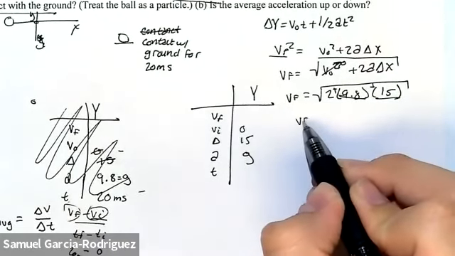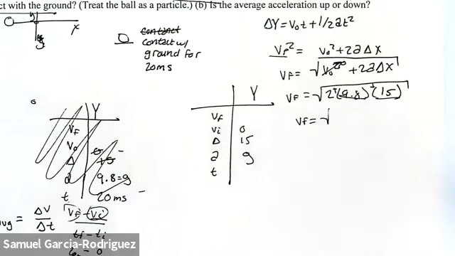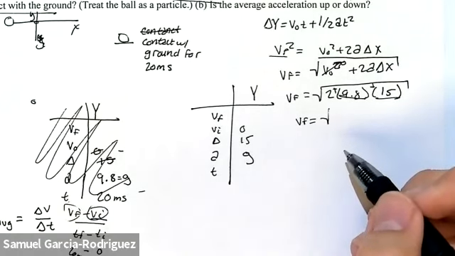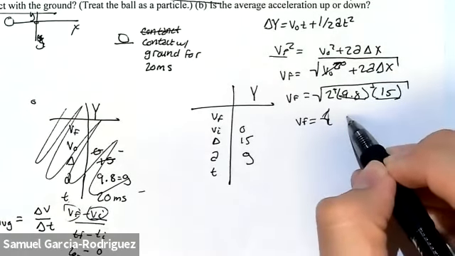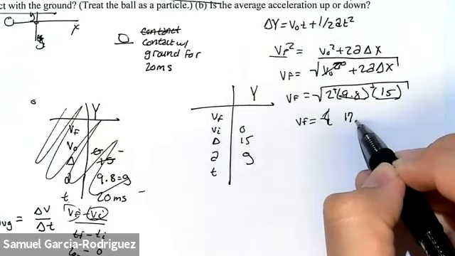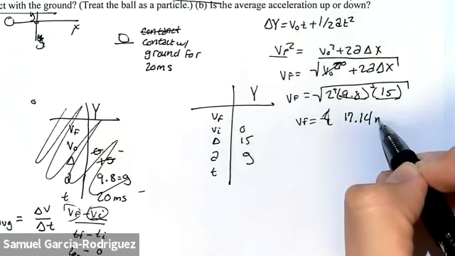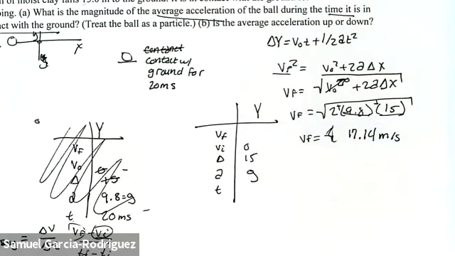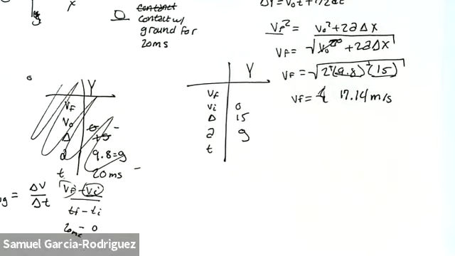So VF equals the square root of all that. Is that before or after the square root? Okay, so it's 17 what? Okay, so that's what the people in class came up with.